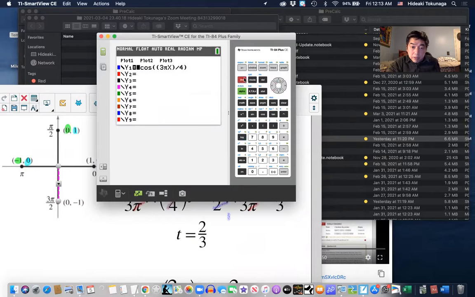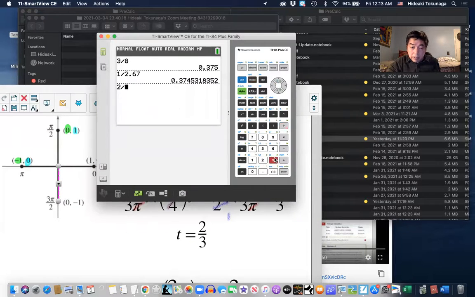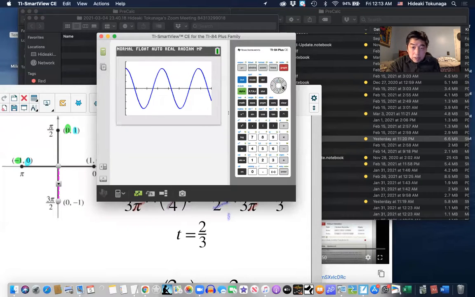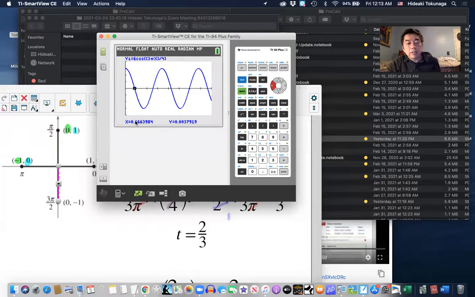Clean up. 2 divided by 3 is 0.66. What was the graph? Trace. Right here, right? 0.66. Okay, so that's how I look at it.